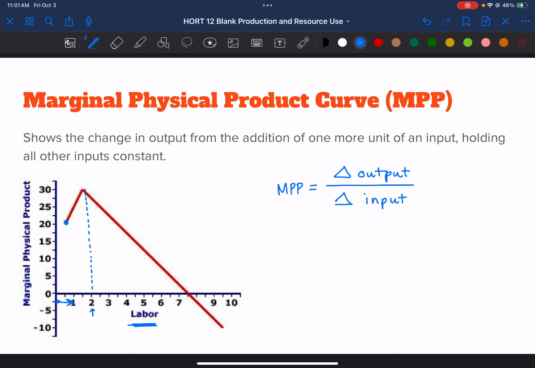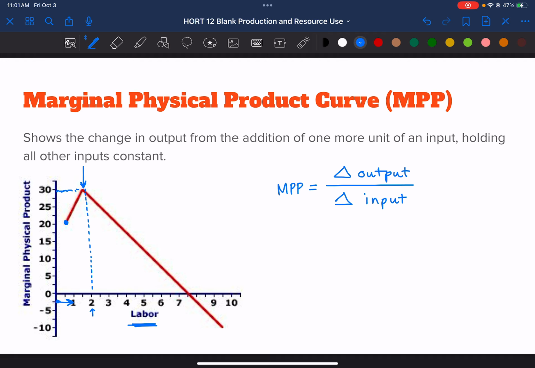And maybe my line's a little bit off, but we're going to talk about this point right here. So we'll just say that at 2 units of labor, we're producing, see the graph here says 30, but 30 is the number of extra units that one more unit of labor gives you. It's not the total amount of units.